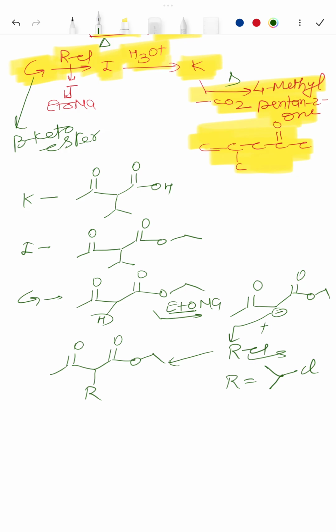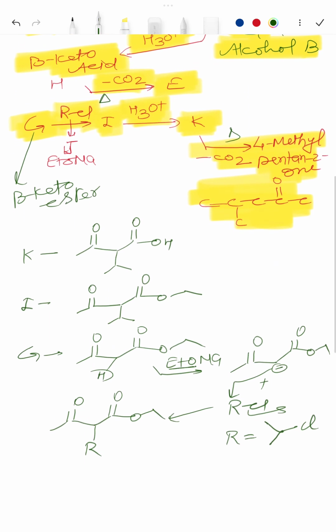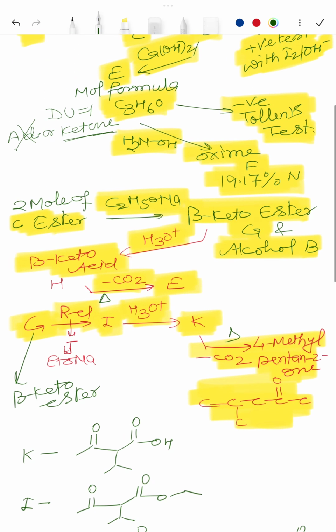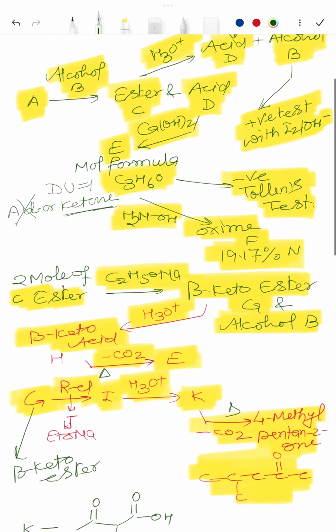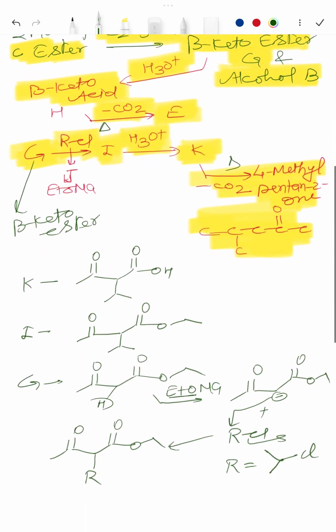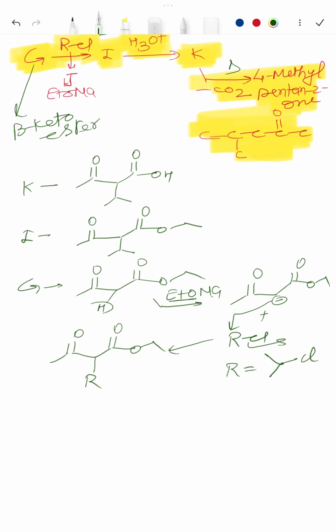Now come to G. You have already cleared G, the beta keto ester, and now 2 moles of ester C. So what will be C here? Let's see.